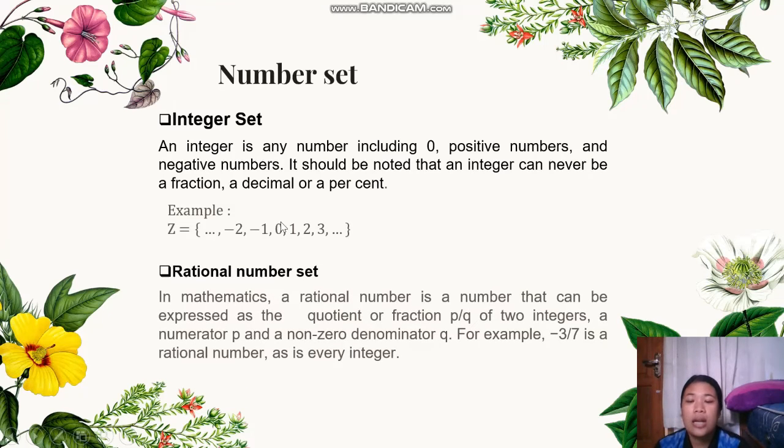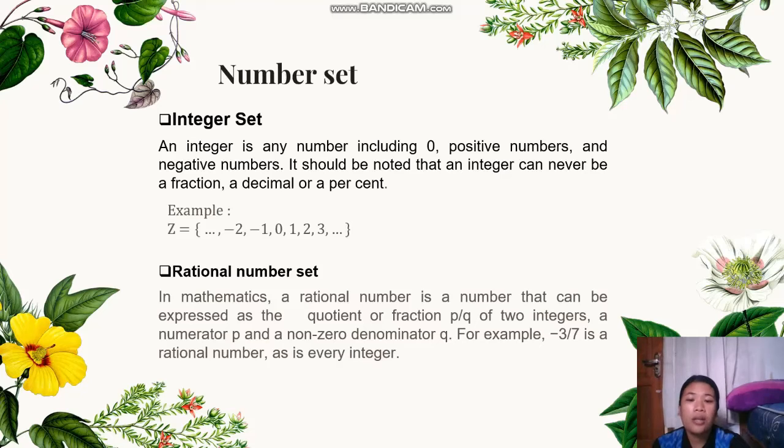Next, the rational number set. In mathematics, a rational number is a number that can be expressed as the quotient or fraction p/q of two integers, a numerator p and a non-zero denominator q.